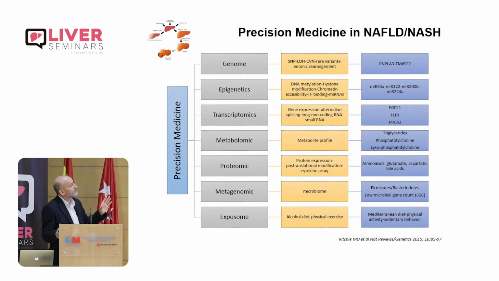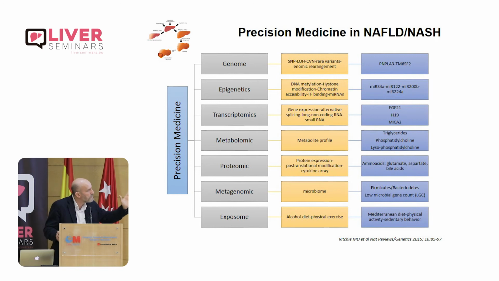Many things we are doing, many works trying to implement precision medicine in NAFLD-NASH. We use several approaches: genome analysis, epigenetic, transcriptomic, metabolomic, proteomic, of course metagenomic and microbiota, and the exposome, the environment.